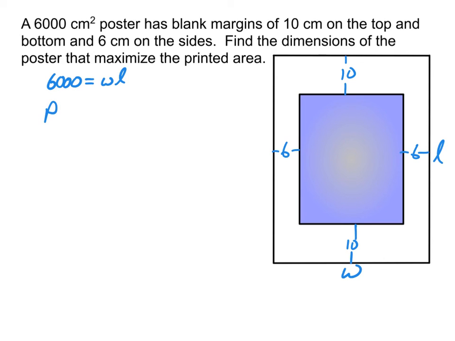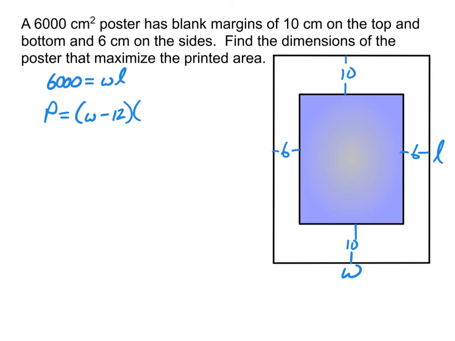So I'm going to say the printed area, well, that would be this length times this length, right? All right, let's start with where W was. Let's go with this length right here. Well, we know that that's W minus 12, because you notice we have a 6 on that side and a 6 on that side that both have to be taken out of W. So we're going to be doing W minus 12 here.